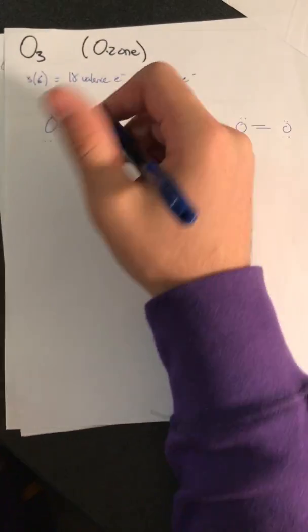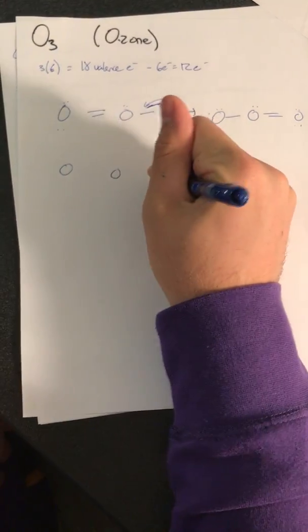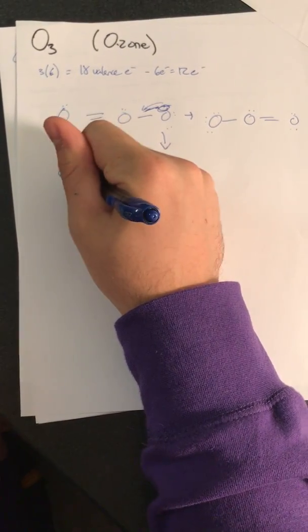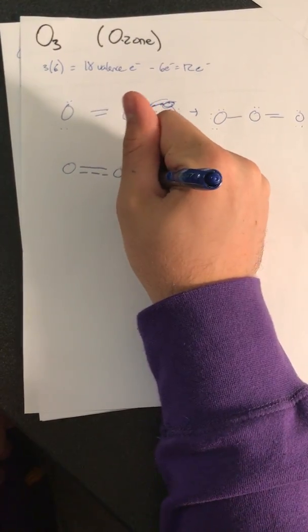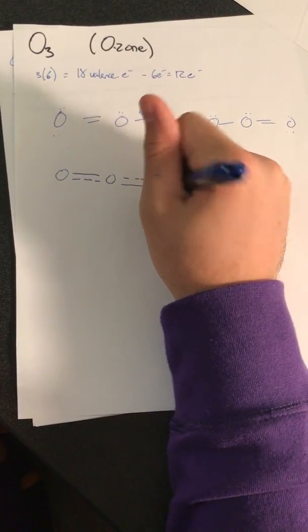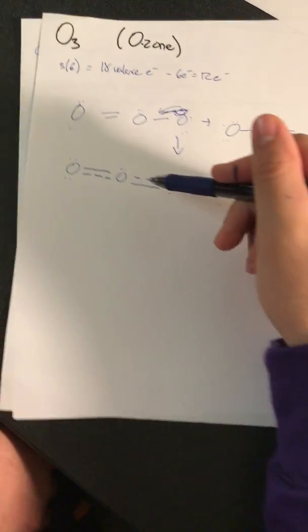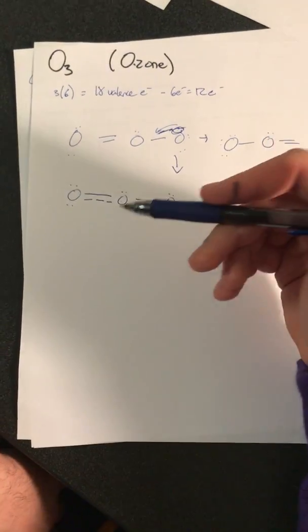So our hybrid resonance structure will look like this. So this is our best possible Lewis structure.